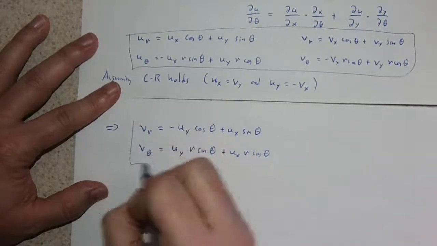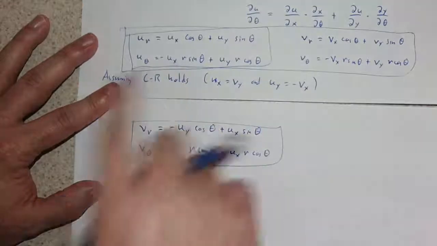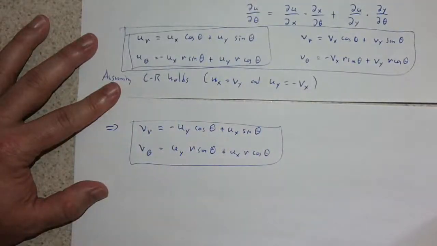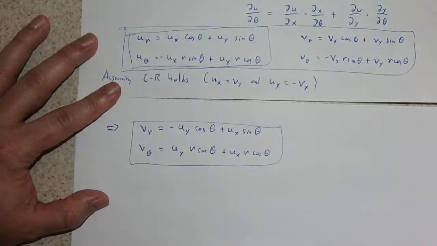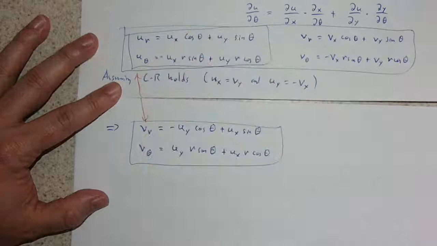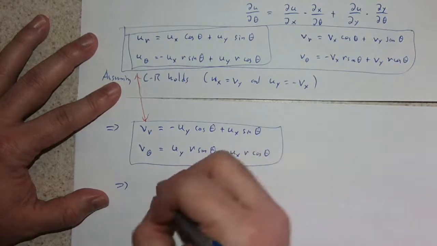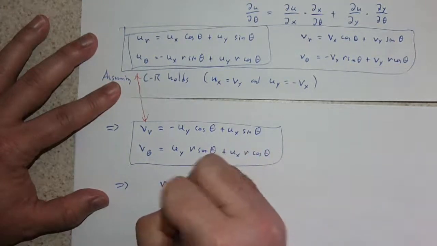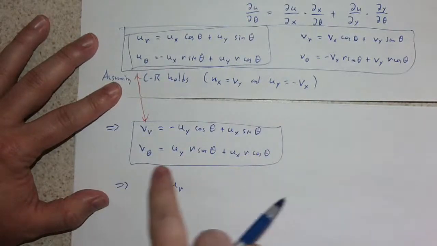Once we've done that swapping, we compare these with these. And what do we notice? So comparing these two, what do we get? Well, we get that r u sub r is equal to v sub theta.